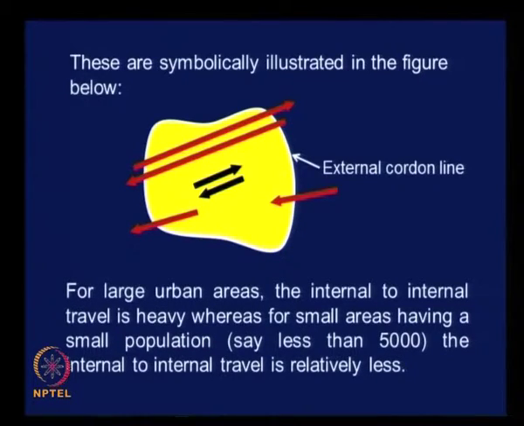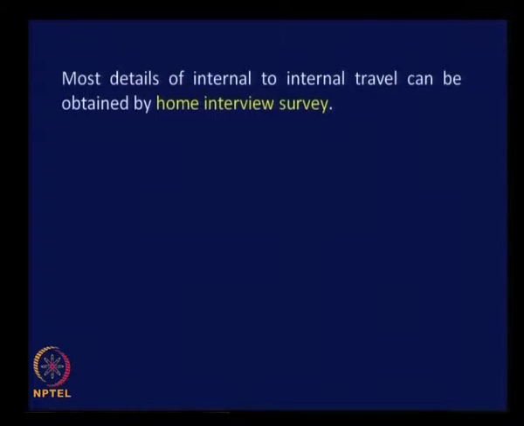Trips might emanate from somewhere and end up in your town and vice versa. Most details of internal to internal travel can be obtained by home interview survey. By conducting a home interview survey, you can get almost all the information about internal to internal travel, trips made within your study area.